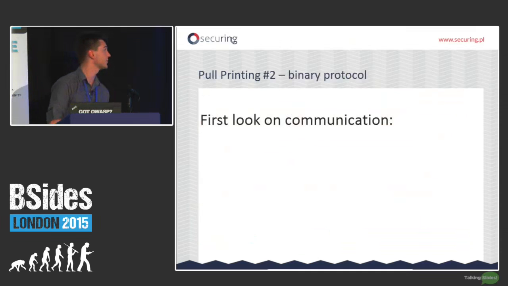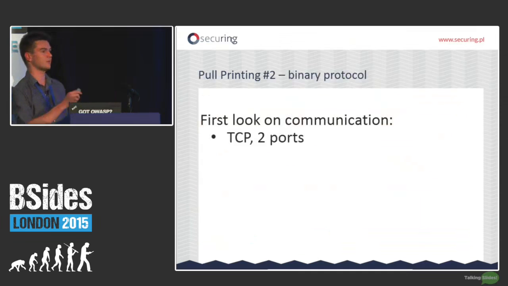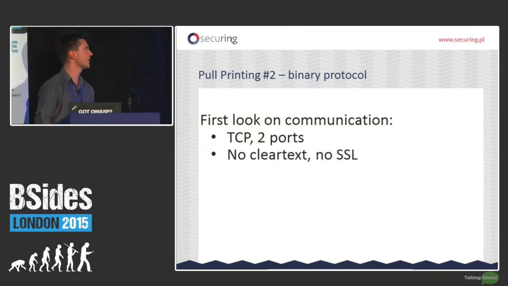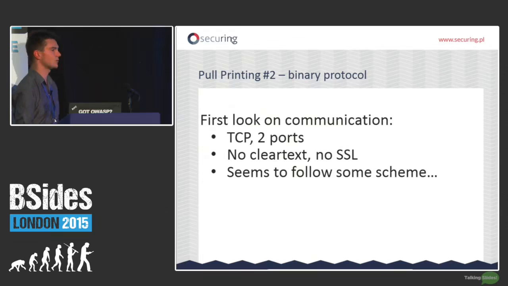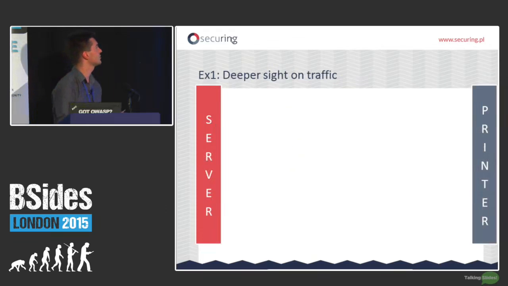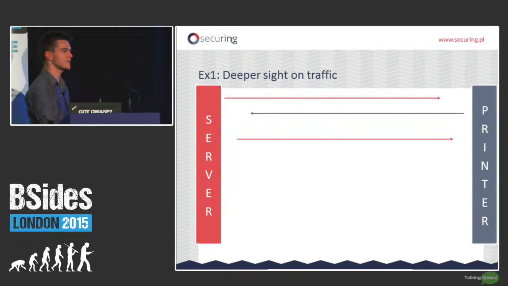It's safe anytime and anywhere, and it's secure. Okay, so at first look, the whole communication was on 2 TCP ports. There was no SSL; for example, Wireshark did not recognize it as SSL, but it seemed to follow some scheme, and I would like to show you this scheme. This is a quantitative analysis of the traffic from the print server to the printer.